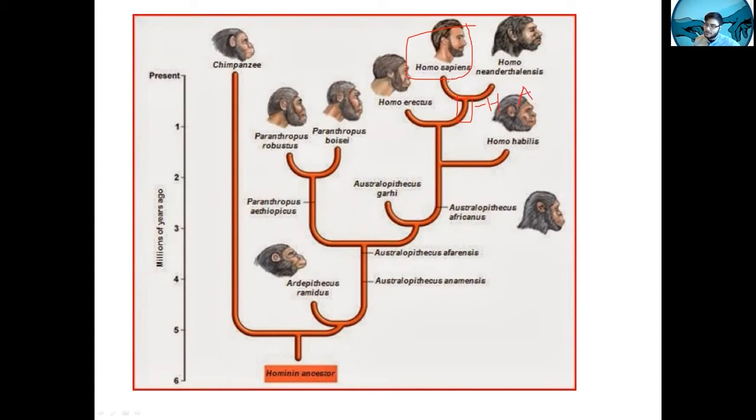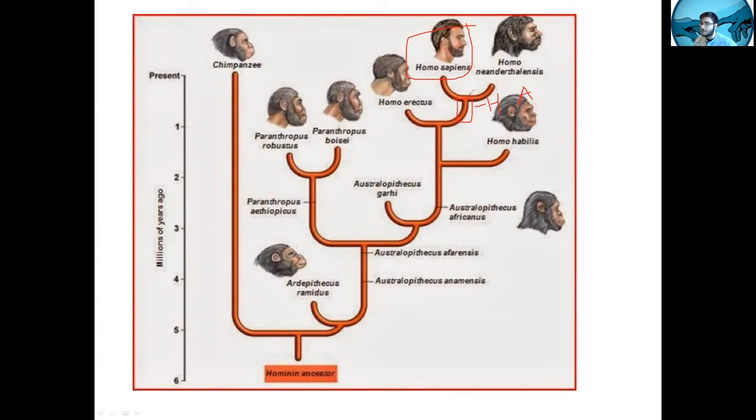Eventually, we had two groups of these HAs. One was living in, say, one part of Africa, and another was living in, say, another part of Africa, Europe or Asia, it doesn't matter. Over time, these two groups of HAs had to adapt to their environment, and they underwent selection for different traits based on their environment, based on what animals or food was around them.